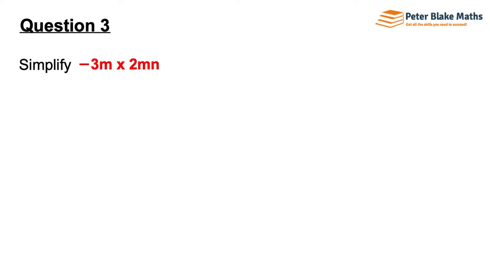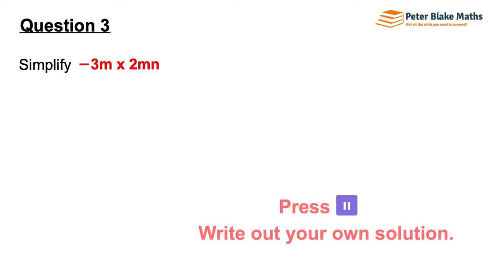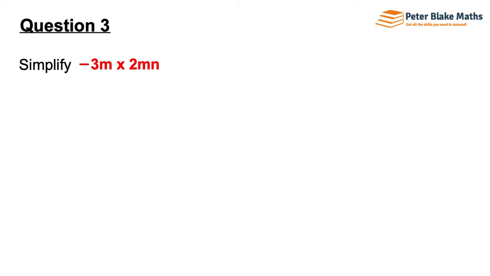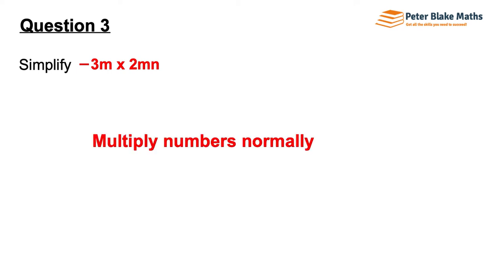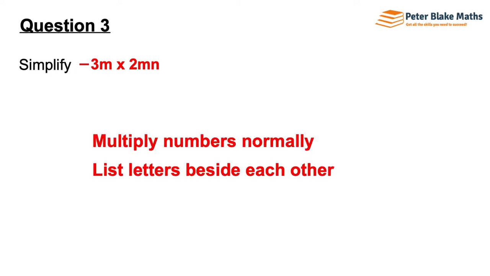Question 3. Simplify minus 3m times 2mn. We'll multiply the numbers normally and we'll list the letters beside each other.